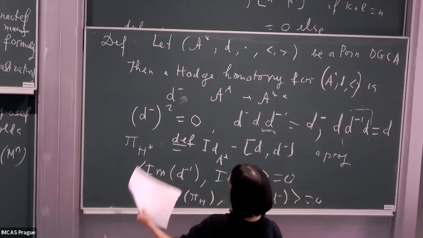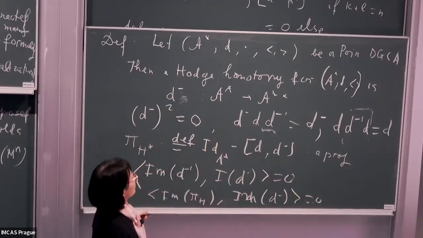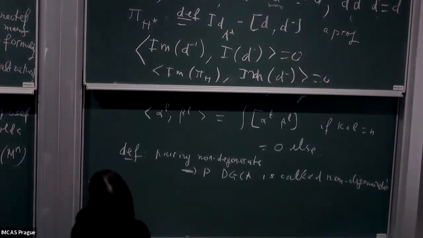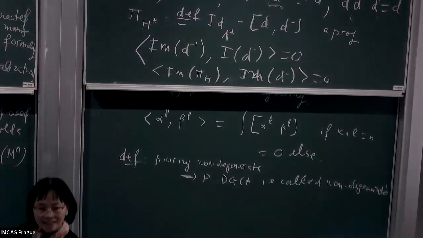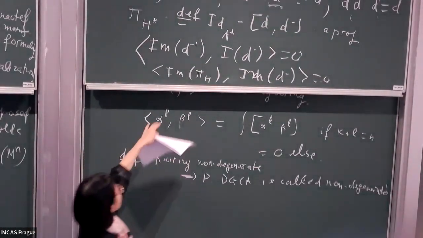So we have a lot of orthogonality computations, and this simplifies a lot. And the example is d^-.